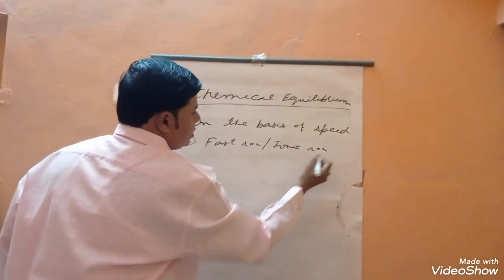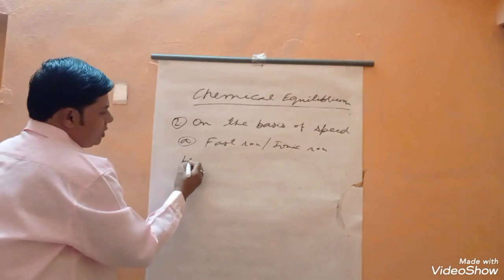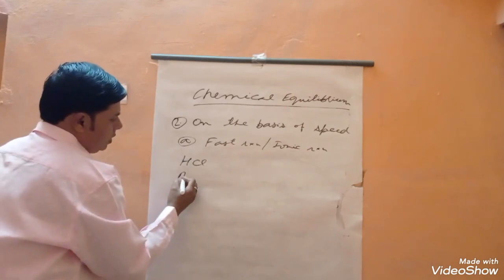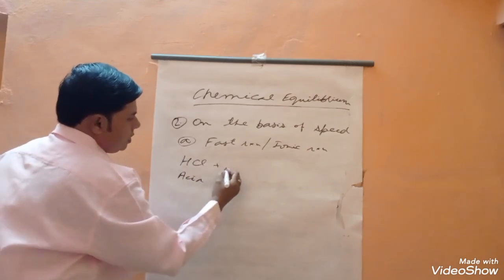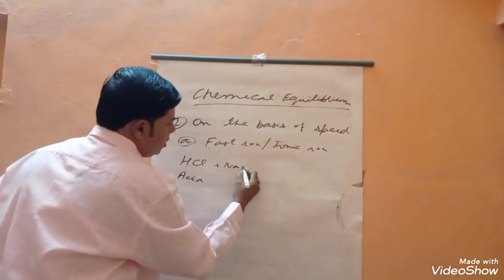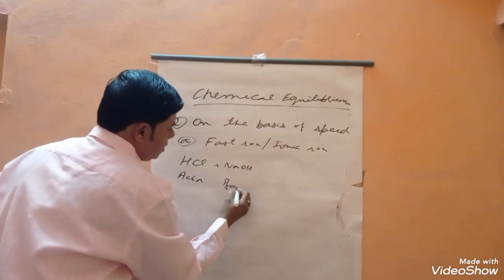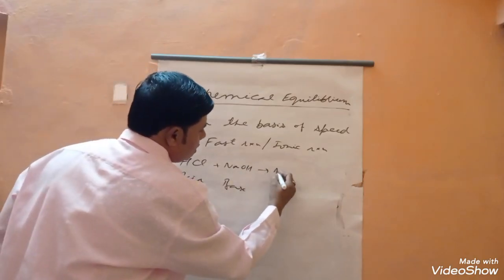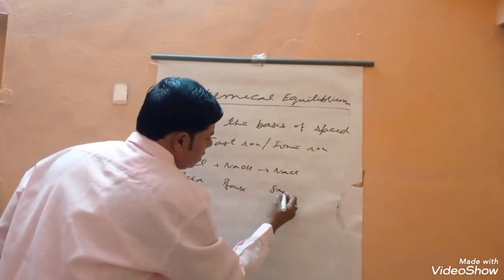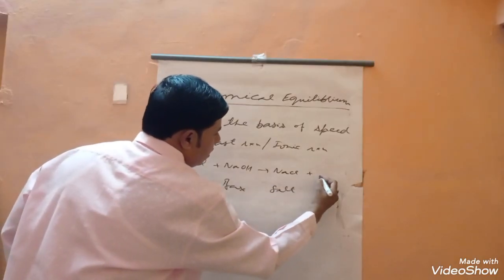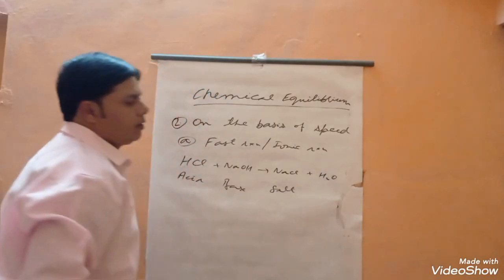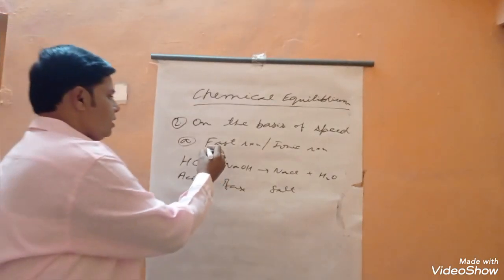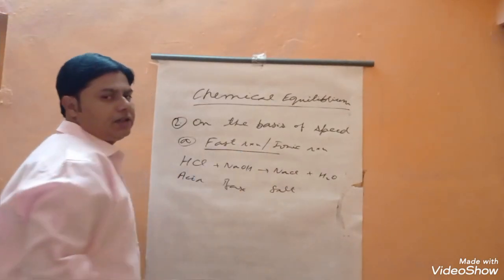Like acid HCl reacts with base NaOH. It gives salt NaCl plus water H2O. So this is the fast reaction, also called ionic reaction.